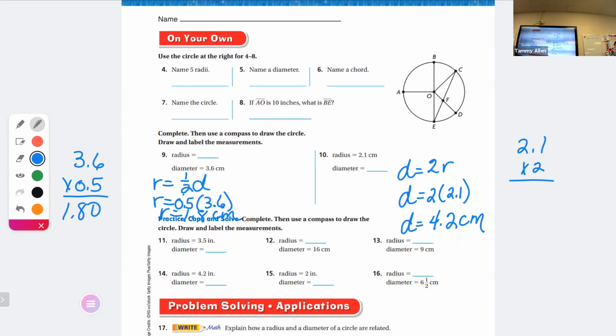Does that make sense? Okay. Number 10, I would also expect to see a formula to find a missing measurement. So all of page 89 and all of page 90.